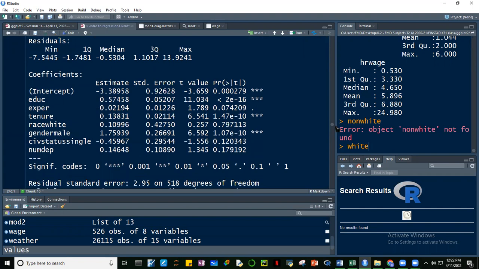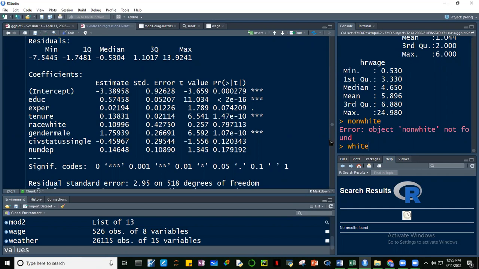Sir, I think non-white is 0. Yes. Okay, how did you know? Sir, because you mentioned that alphabetically, whichever comes first is 0. Okay, and what else? What if you forgot that is what R does? Maybe, sir, because white is what's written, so white is the equivalent of the estimated coefficient.